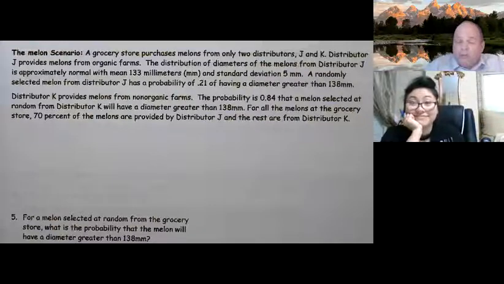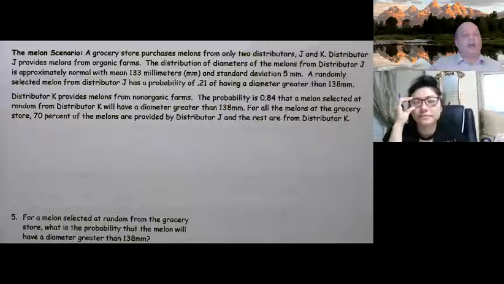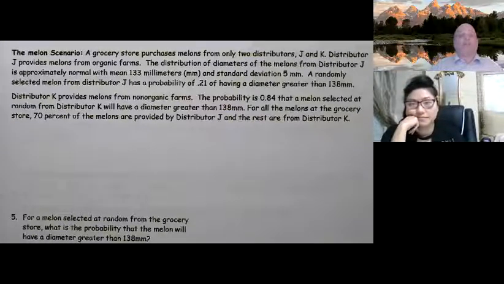I read that problem, and I reread that problem, and I reread that problem, and there is a ton of information there. And I need something to organize it. So I really do start looking for an organizational tool. Whenever I have a ton of stuff, I start looking for an organizational tool. And sometimes I'll start making a table, even if it doesn't end up being the right way to go, just to organize things.